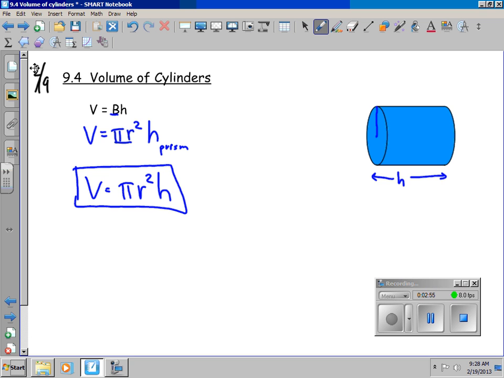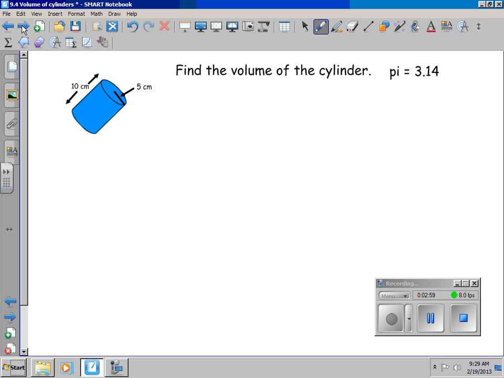Any questions? Give me some questions. All right, will do. So we have a cylinder. You can draw a cylinder, it's not that hard to do. Draw two parallel lines, draw an oval for the base, and a curve for the bottom line, and you got yourself a cylinder. Yes, Mason? It is like the circumference thing, right? What do you mean?